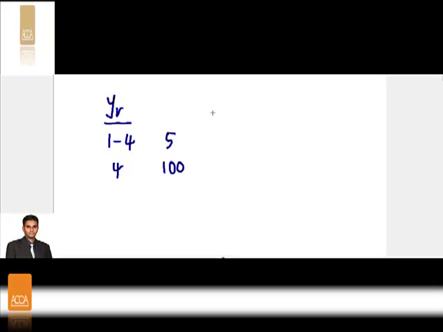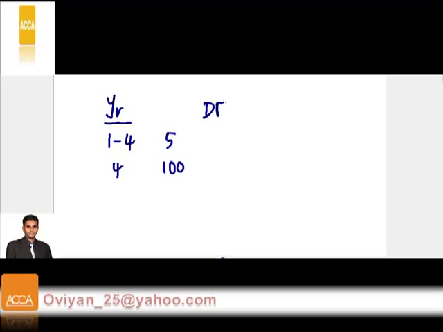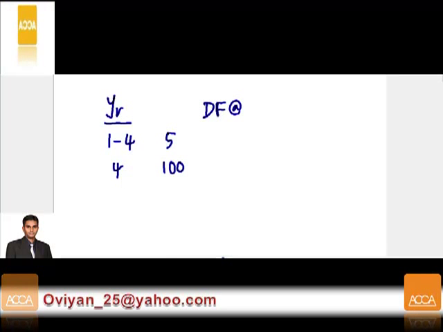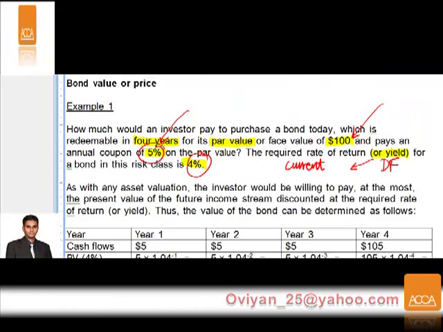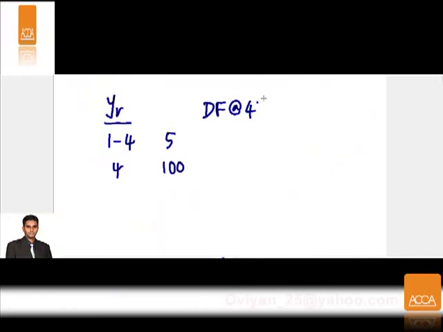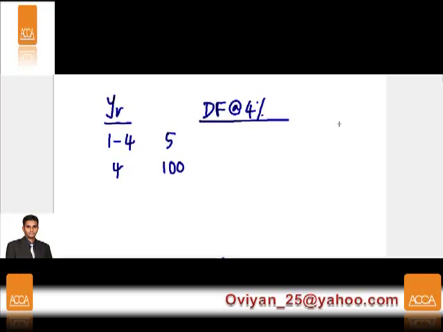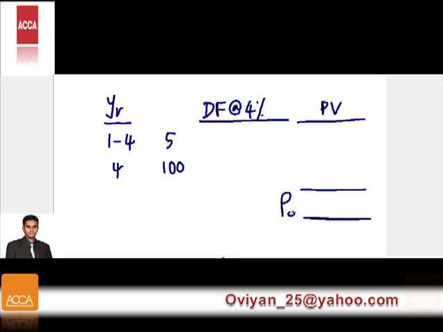These are your cash flows, and if you use a discounting factor of 4%, the cost of your yield or debt, you are going to get a present value, which is simply the bond price.